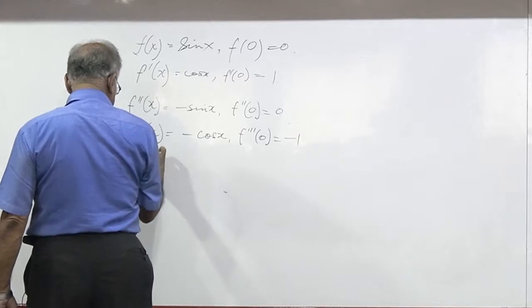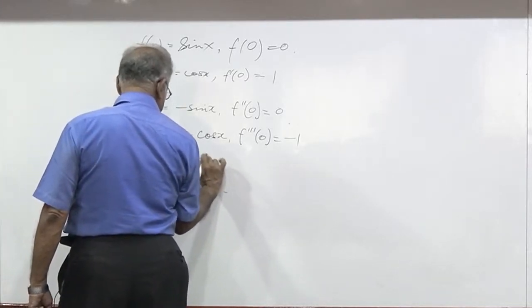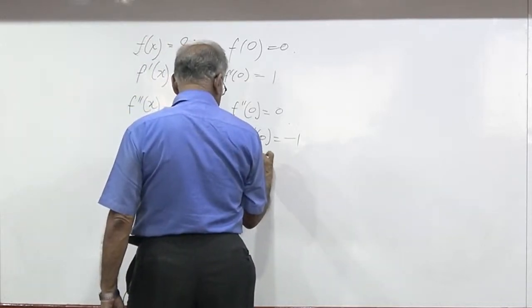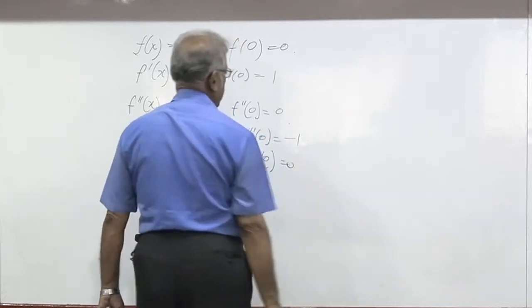And the fourth derivative of f, at x, is sin x, and the fourth derivative at the origin is 0.